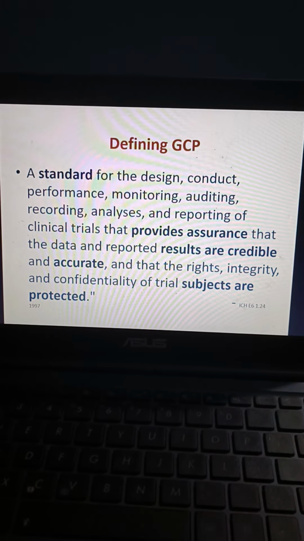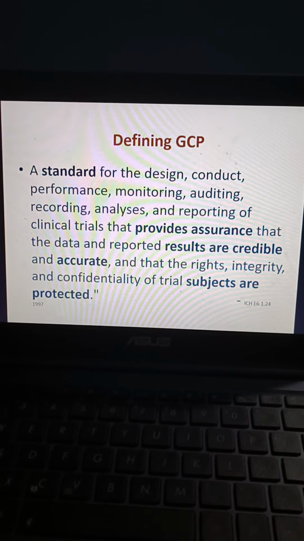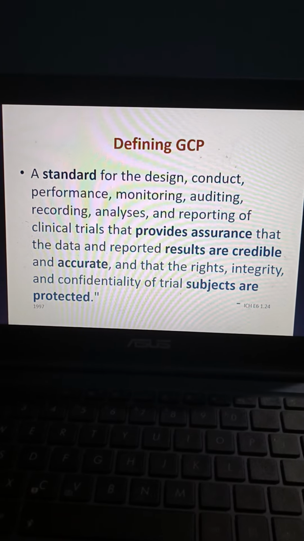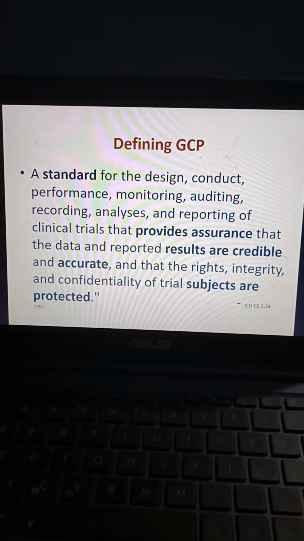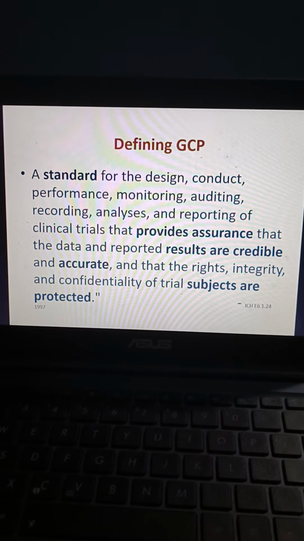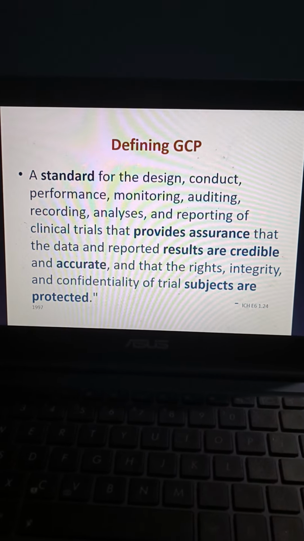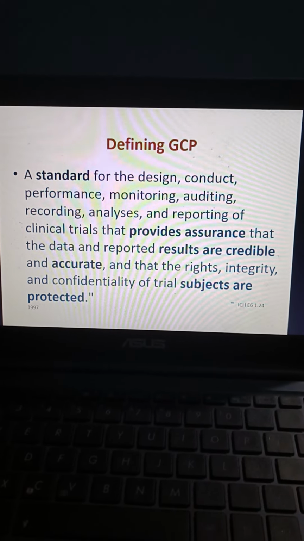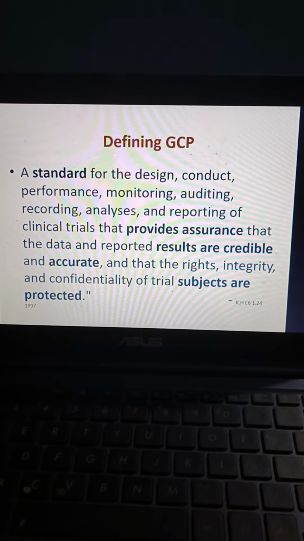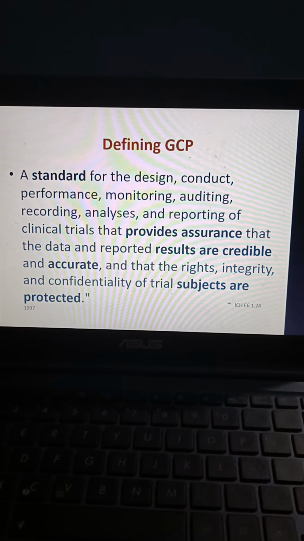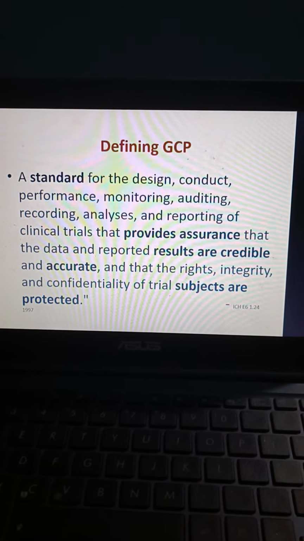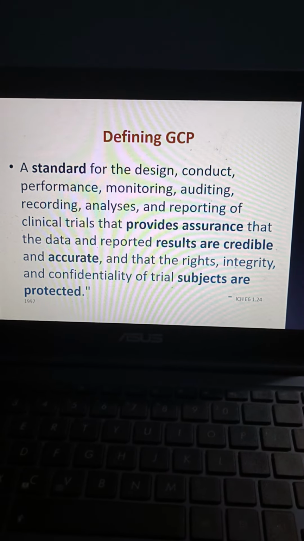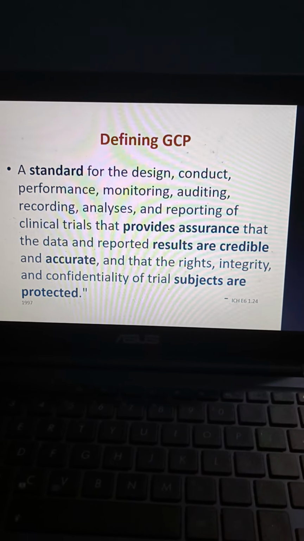The definition is: it is a standard for the design, conduct, performance, monitoring, auditing, recording, analysis, and reporting of clinical trials that provides assurance that the data and reported results are credible and accurate, and that the rights, integrity, and confidentiality of trial subjects are protected. That is given in the International Council for Harmonization ICH E6 guideline 1.24 in 1997.